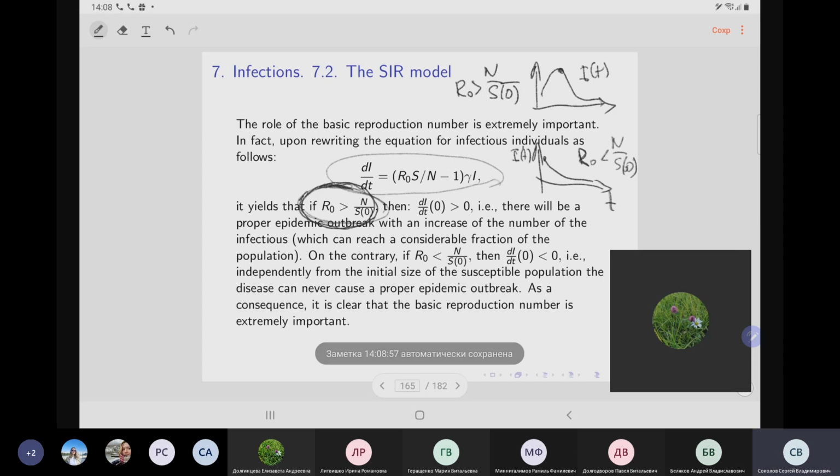So it doesn't matter how many infected there are in our population. Everything depends only on the number of susceptible, and we have to decrease the number of susceptible.